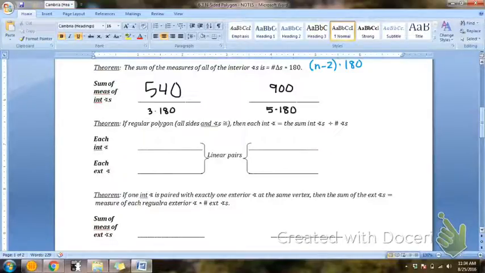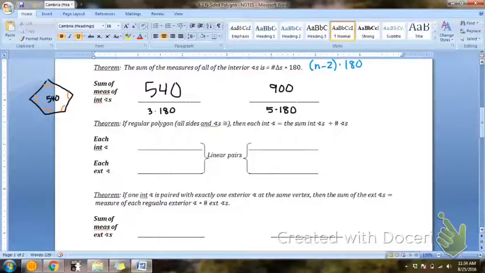Okay, well, if I had my pentagon, and I know that it's 540 all inside of here, how could I figure out how much each angle was? How could I know how much this one was, this one was? What could I do with that 540? Divided by what? 5 angles, right?